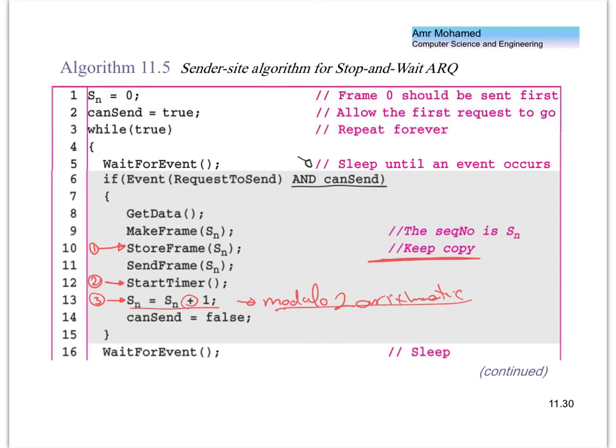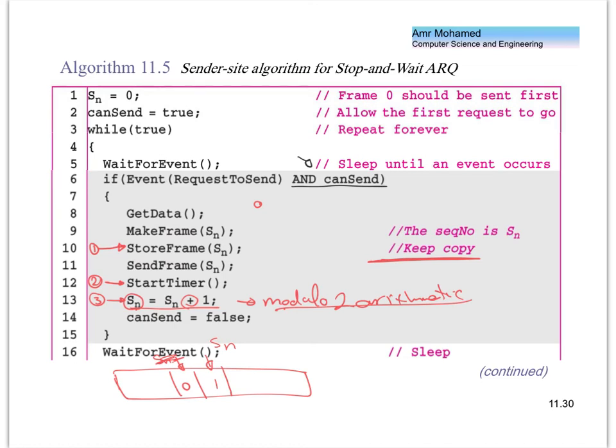So once we send the data, let's assume that the first frame was 0. Now Sn is already incremented. Let's say this is frame 0. So Sn was here, and now Sn has moved to here. Once we send the frame, Sn is already incremented.